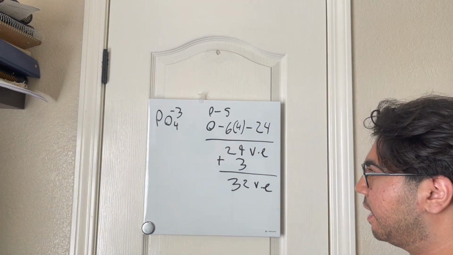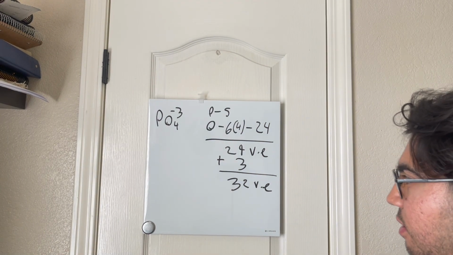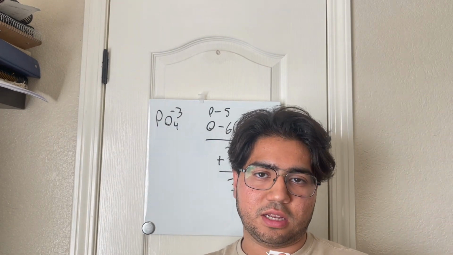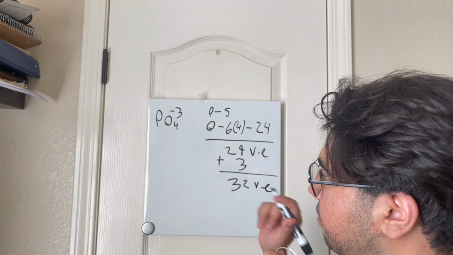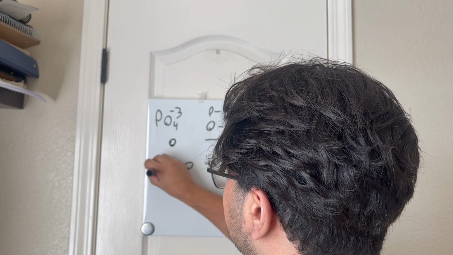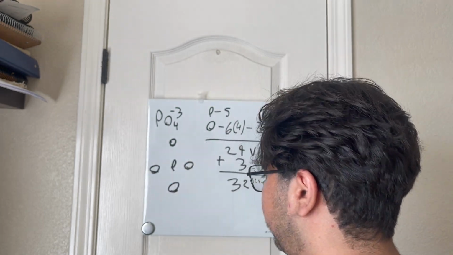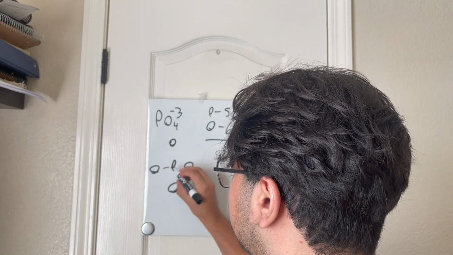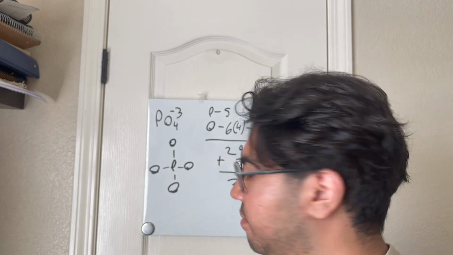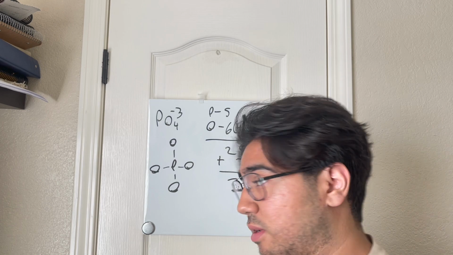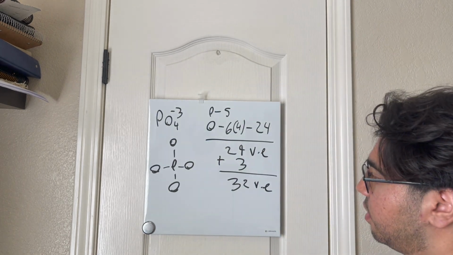All right, I wrote this too big, but let's draw our rough structure and dump in these electrons. Phosphorus should be in the middle, surrounded by 4 oxygens. We know that at least one interaction is going to happen between them, so let's just draw a single bond. We don't know if there's going to be 2 or 3 bonds.